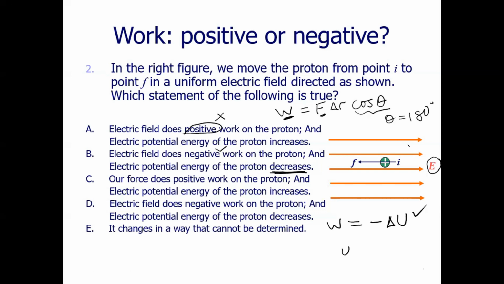Are we there? So what I was trying to explain is that when you have a negative change, remember this change alone is given by the final minus initial. That's what change means. So if the change is negative, it means that the final quantity is less than the initial. Are we together? If the final is less than the initial, can we say that it's a decrease or an increase?